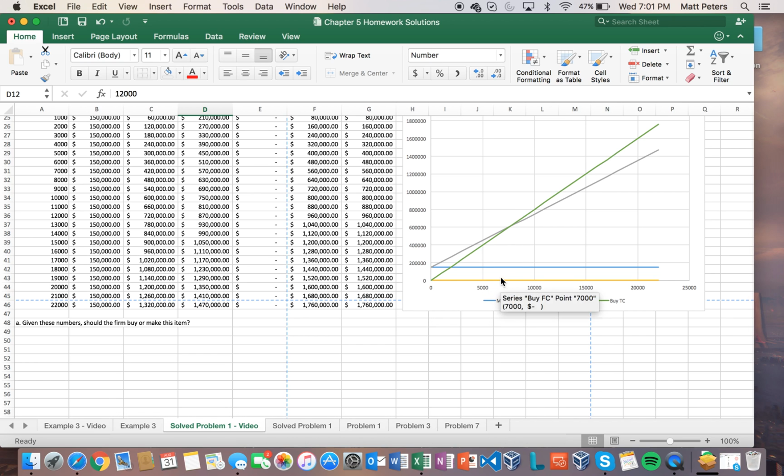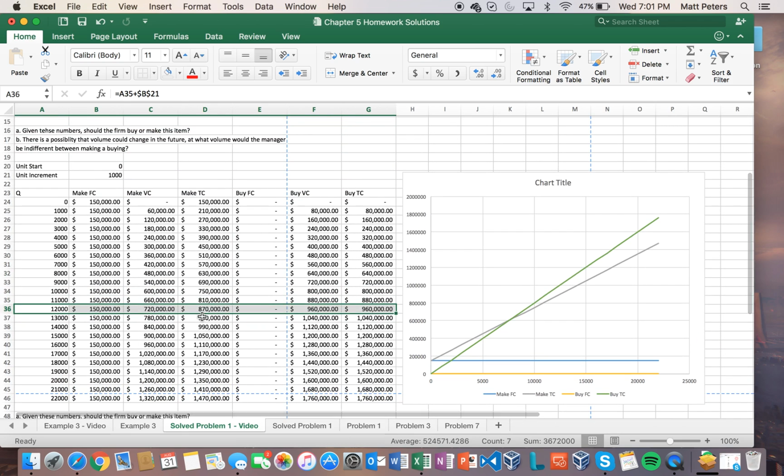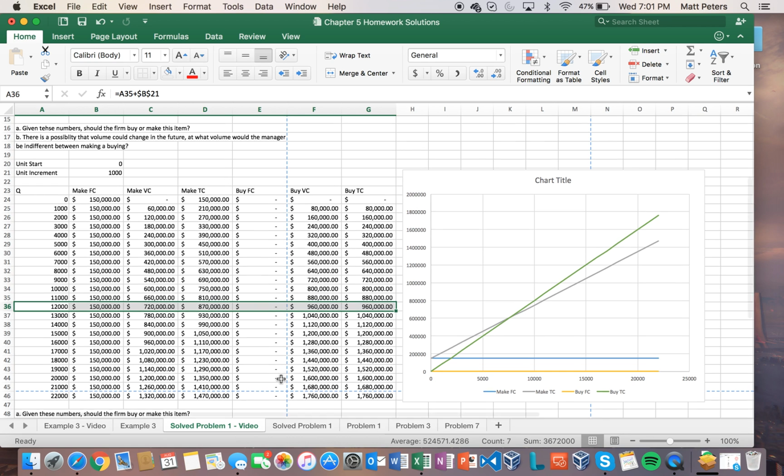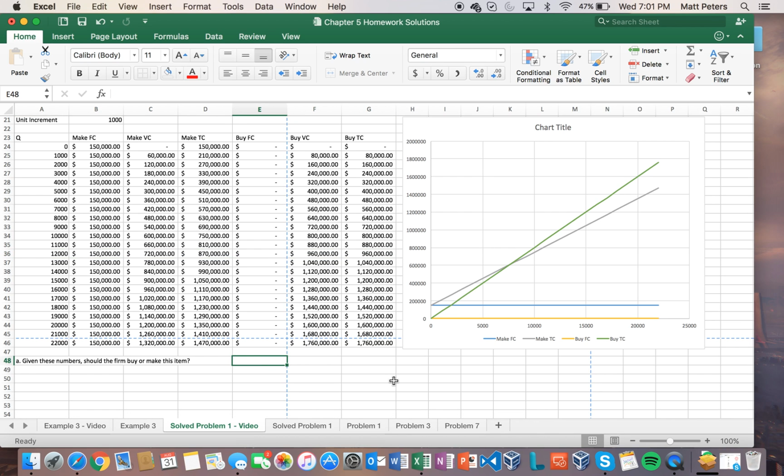So 12,000 is here. Okay, so on our chart, 12,000 is there. So for 12,000, it costs us 870,000 to make it, or it costs us 960,000 to buy it. So we know that making is going to be cheaper if our number of units is 12,000. So here I'm going to say make.